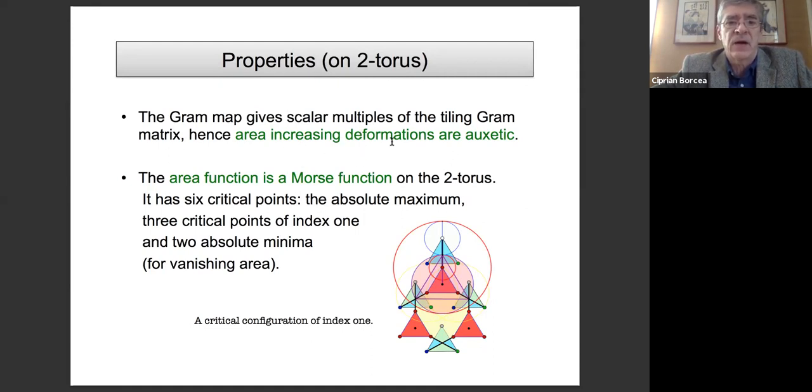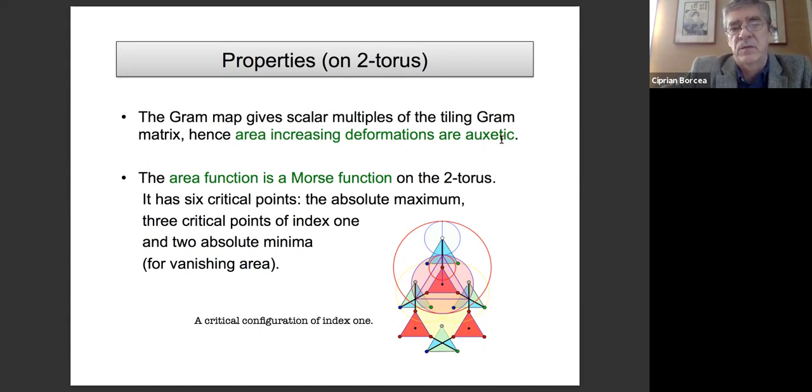So again, the gram map maps to scalar multiples of a fixed 2x2 symmetric matrix, and this shows that for our two family, area increase is automatically auxetic, which in general is not the case, that area increase may well not be auxetic. But this is the particularly pleasant feature now.